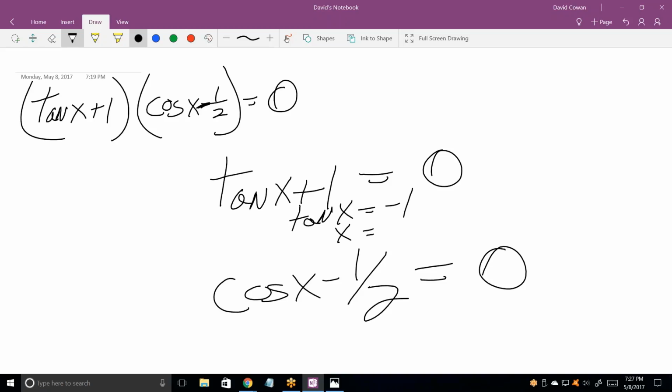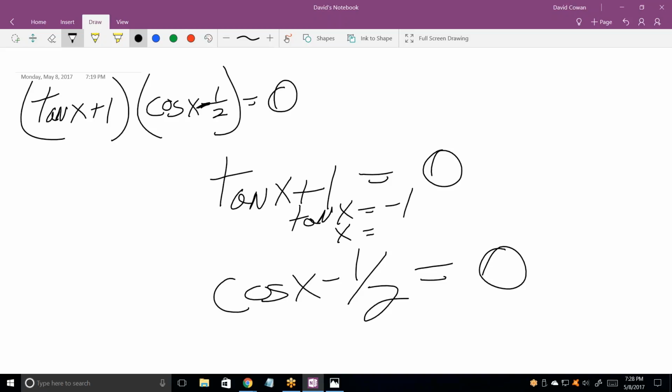Let me ask you this: what angle is tangent of x equal to positive 1? That would be 45 degrees. Very good. Now, where is it equal to minus 1? 135 and 315.